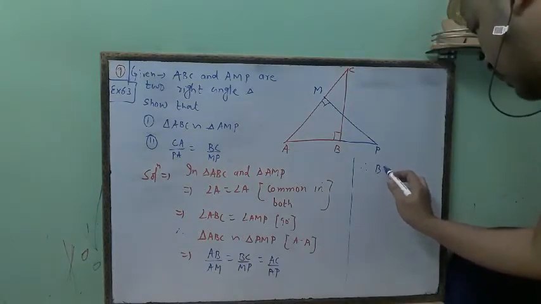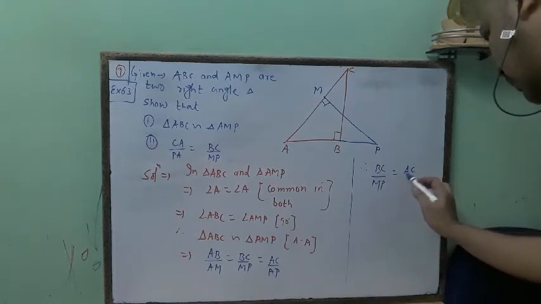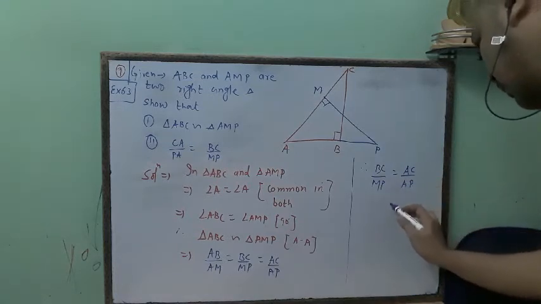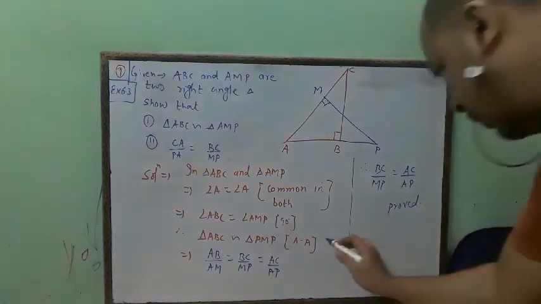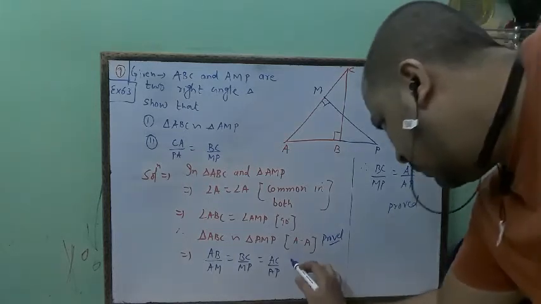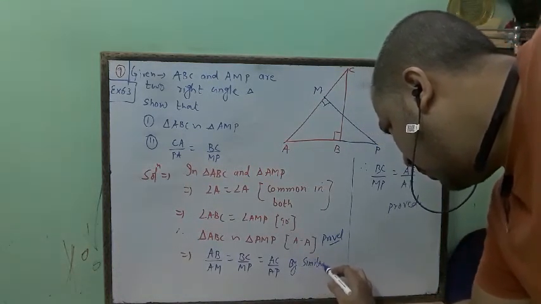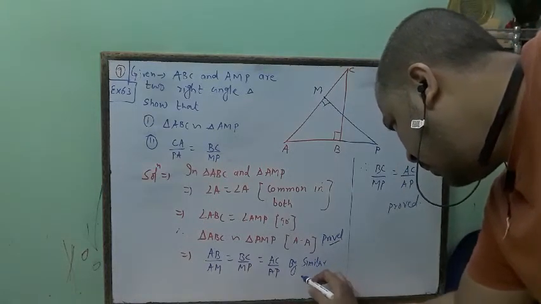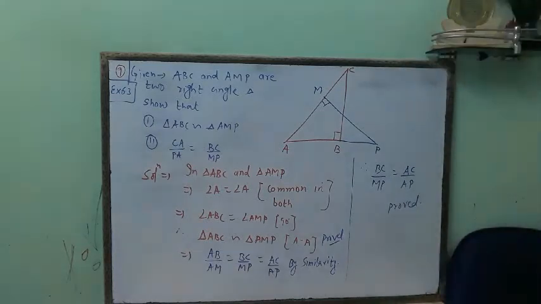Therefore BC by MP is equal to AC by AP. The second one is also proved. This is the proof of the first one, and this one is by similarity criteria.